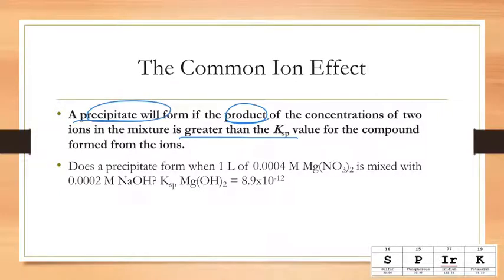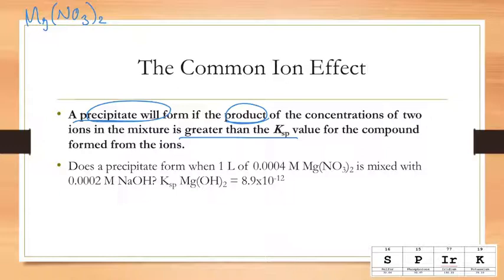So this question says, does a precipitate form when 1 liter of 0.0004 molar magnesium nitrate is mixed with 0.0002 molar NaOH? And we know that the Ksp for magnesium hydroxide, which would be the solid formed here, is 8.9 times 10 to the negative 12.